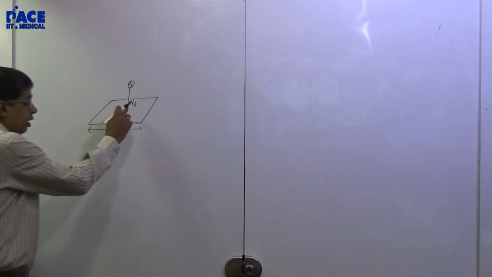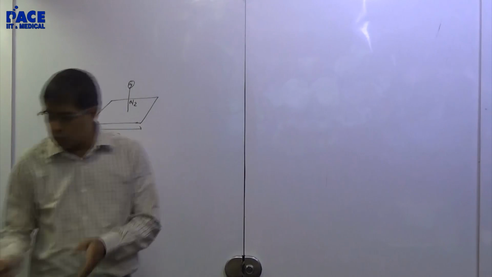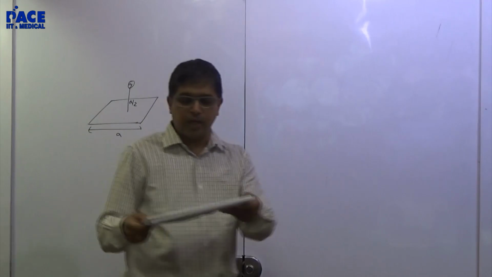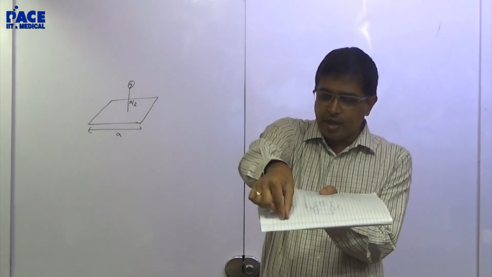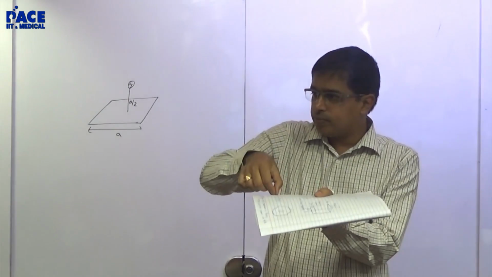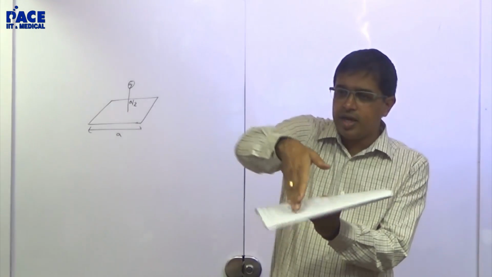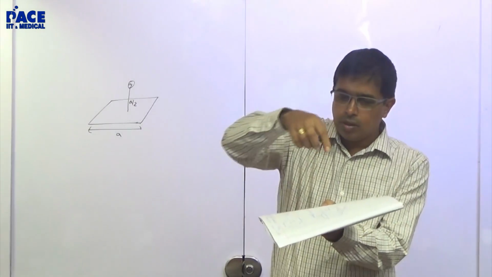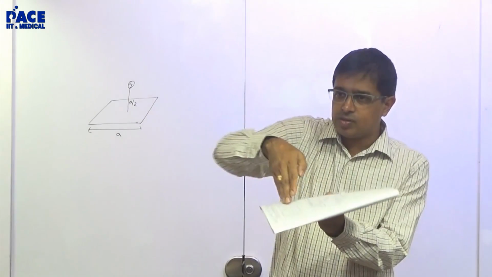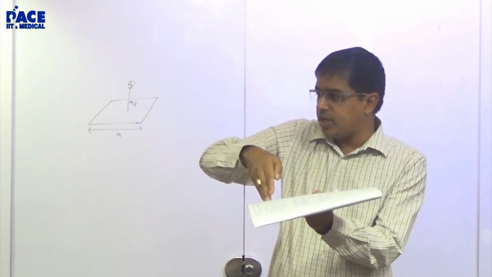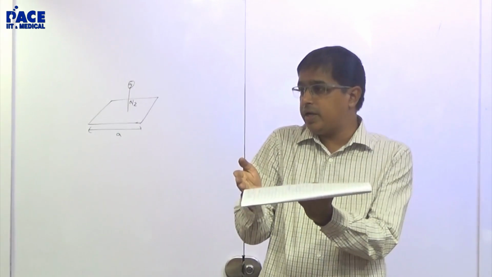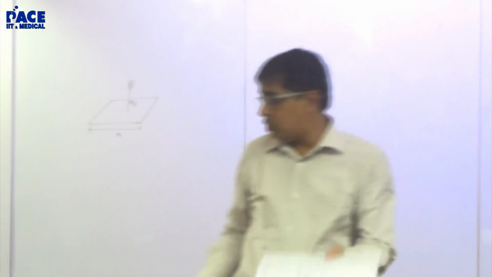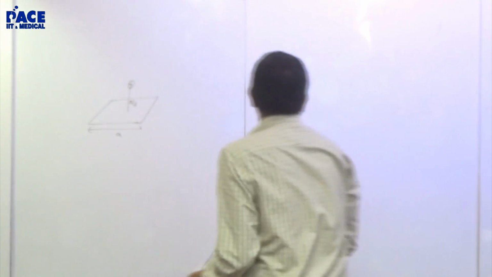Traditionally, what am I supposed to do? I'll have to take a particular strip here. I have a charge Q here. E dot dS needs to be integrated from here till here. That flux needs to be integrated twice.